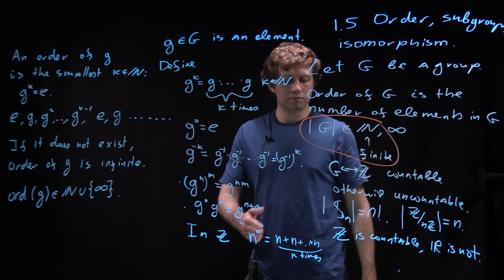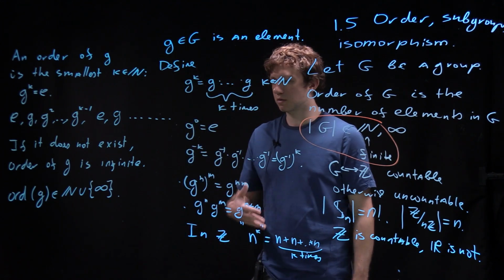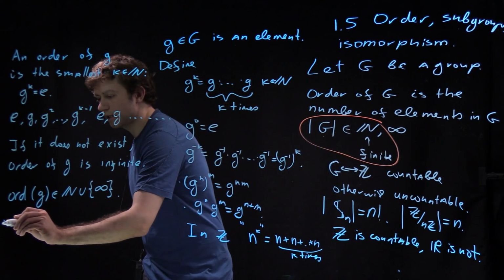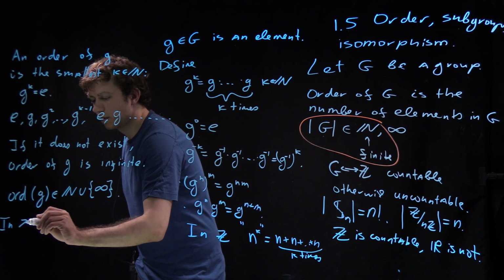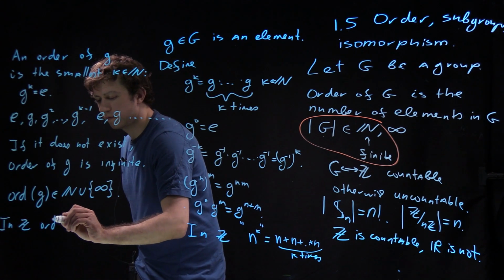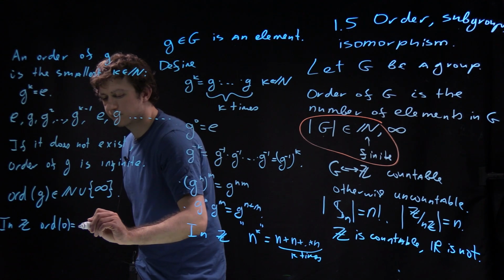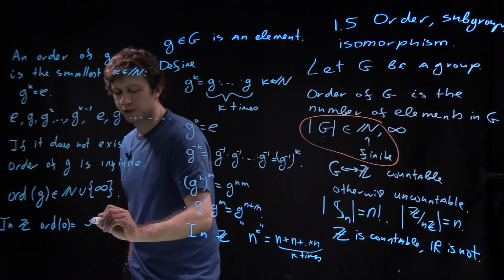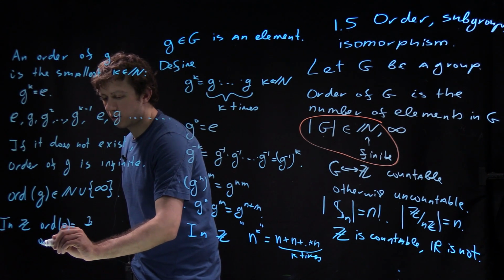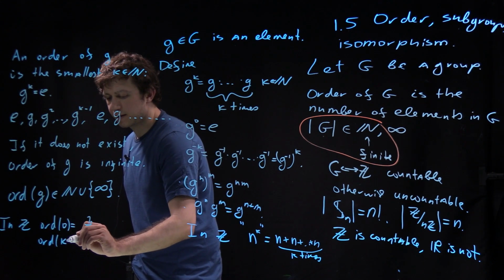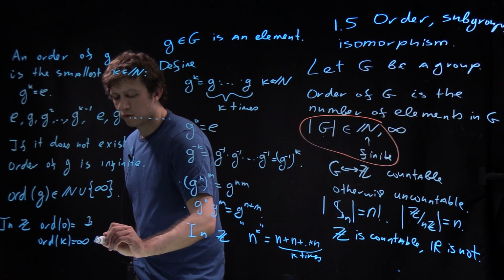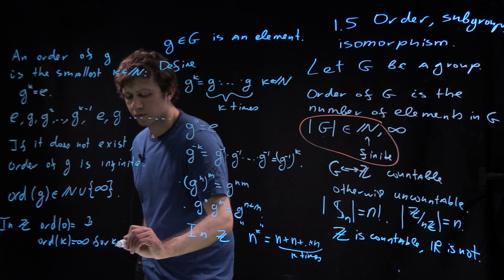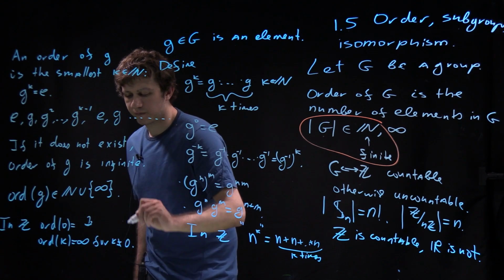So in Z, for instance, order of 0 is, oh sorry, is 1, and order of k is infinity for k not equal to 0.